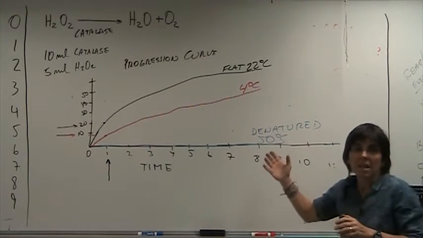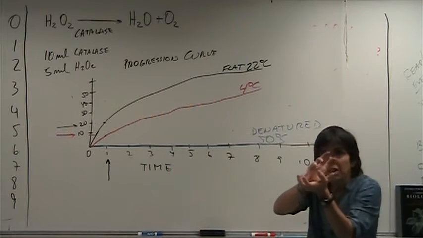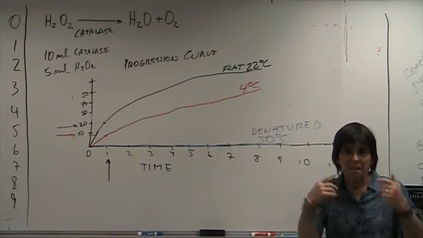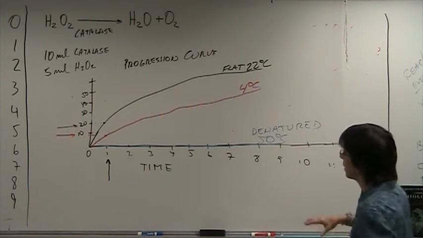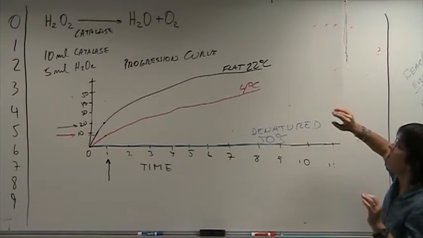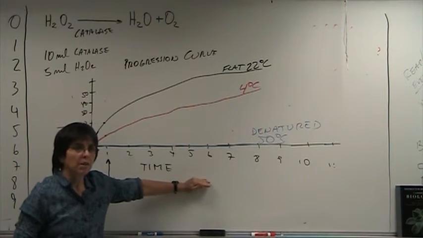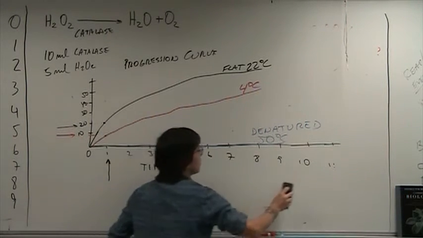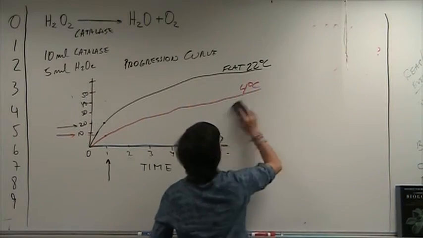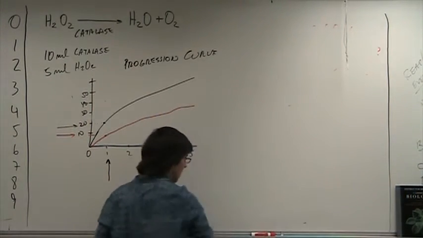Now, until it denatures, other things might happen and it might start losing its shape, so activity might decrease. So you need to think of all these possibilities. So this is the progression curve for temperature. Now, what are you going to do once you have this progression curve? Once you have this progression curve in your lab, I'm going to erase part of it to have room here.